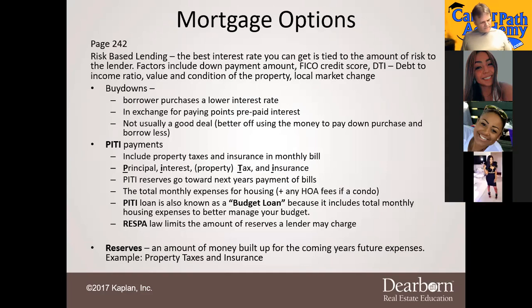Lenders may offer a borrower the opportunity to lock in a quoted rate. Highlight that. Then on that same line, highlight the lender agrees to hold the quoted rate for a certain period of time. They lock it in.